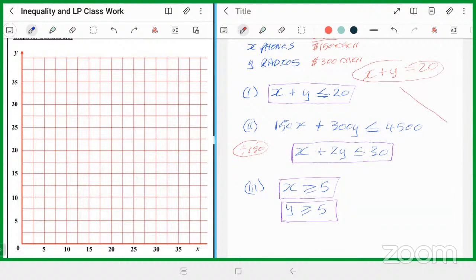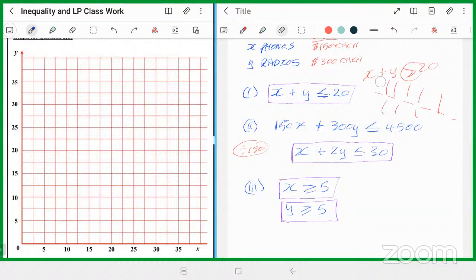If I put the inequality sign on it now, like greater than, it means that I would want above the line. And because I have just greater than alone, I would have to draw the line broken. So I would draw a broken line, x plus y equals 20, and shade above it. If this was a less than, I would shade below it.